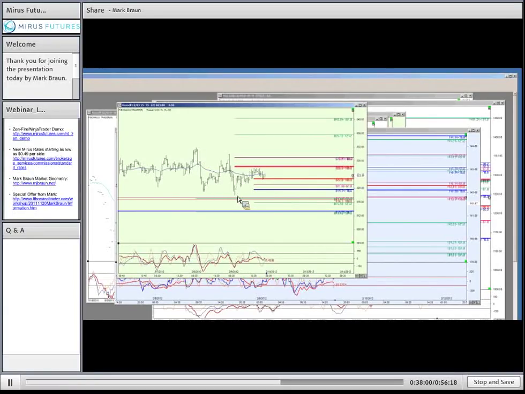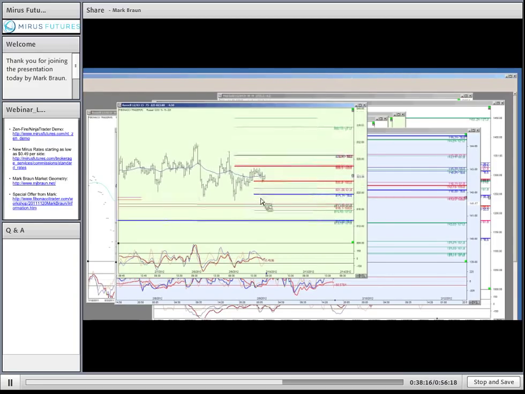Now, if the price projection support holds and the resistance breaks, it's telling us that the emphasis is still to upside. So there's our current, and of course we don't have any downside targets in play.